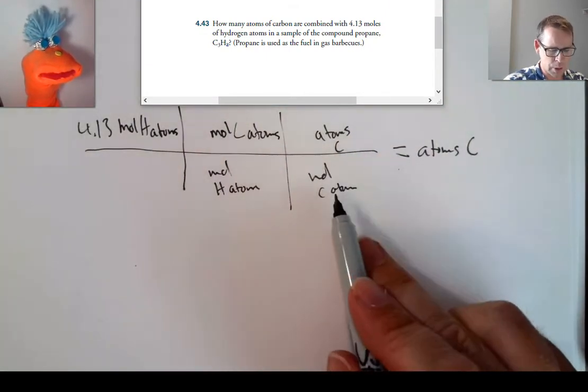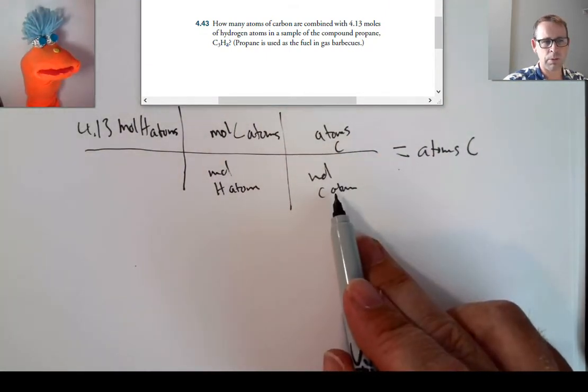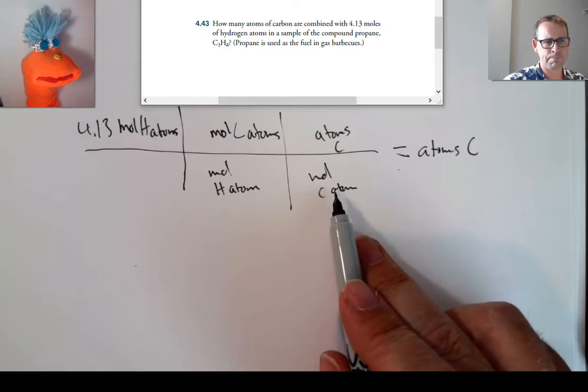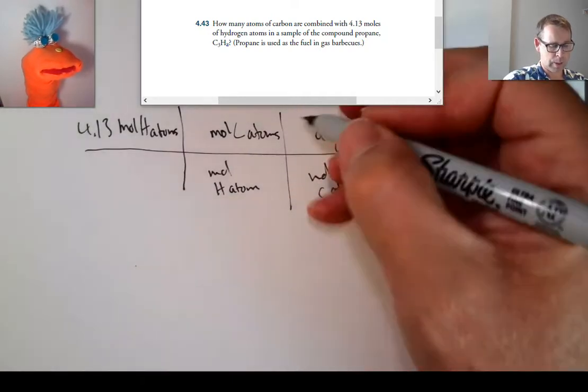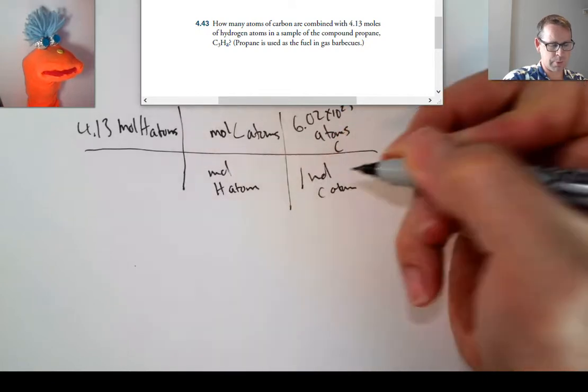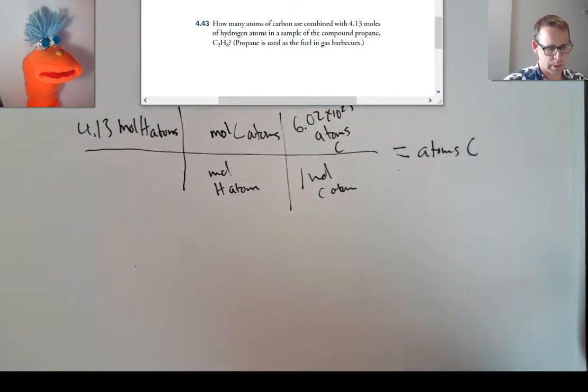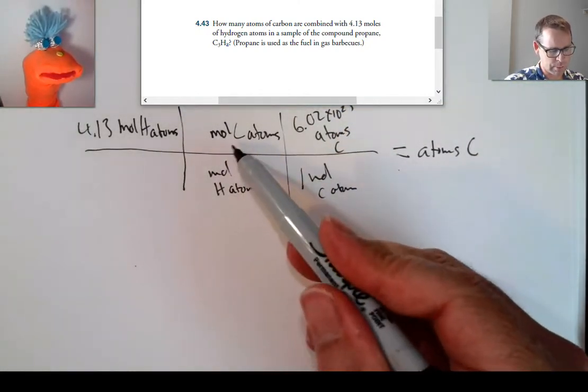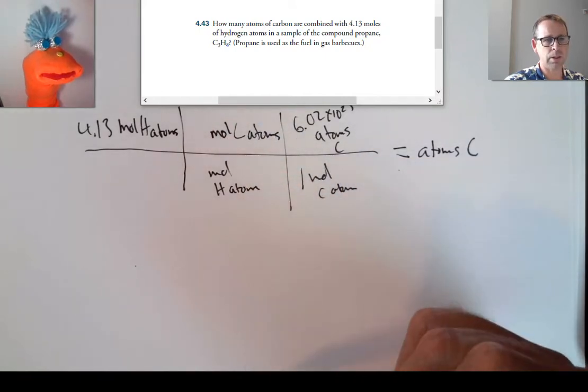Do you know how many atoms of carbon are in a mole of carbon? How many atoms are in a mole? Yeah. Is that big number? Yeah, that's right. 6.02 times 10 to the 23rd atoms for every mole of carbon. Now, what about this? Do you know how many moles of hydrogen relate to moles of carbon in our compound?